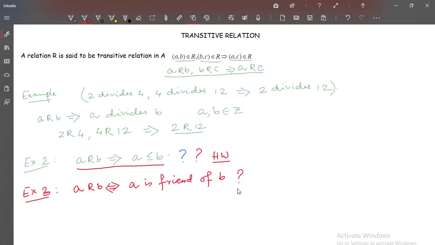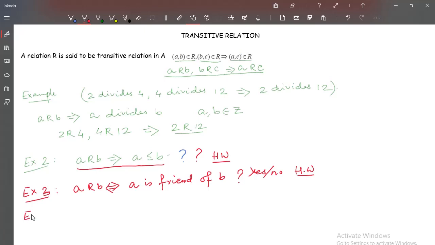Is this a transitive relation? Yes or no? This is also your homework. You should write in the WhatsApp group, yes or no. Obviously, you will give your names with the WhatsApp message, and I will do one more for you.